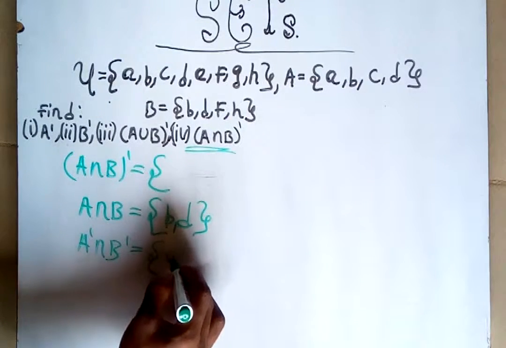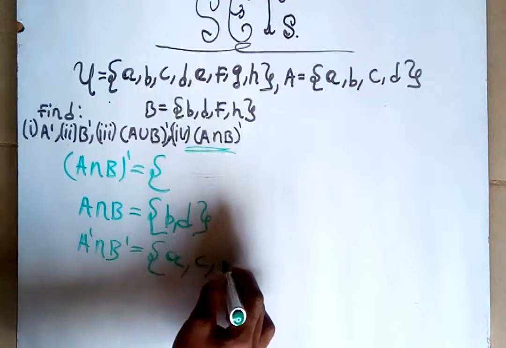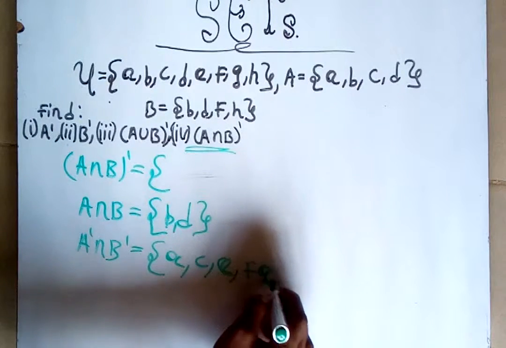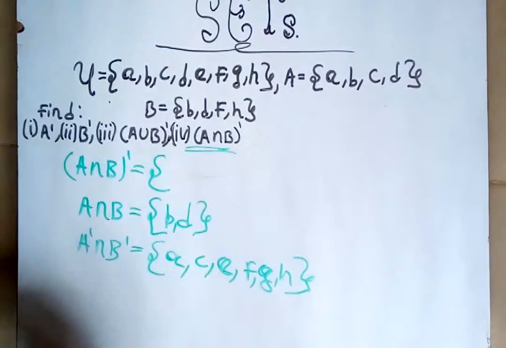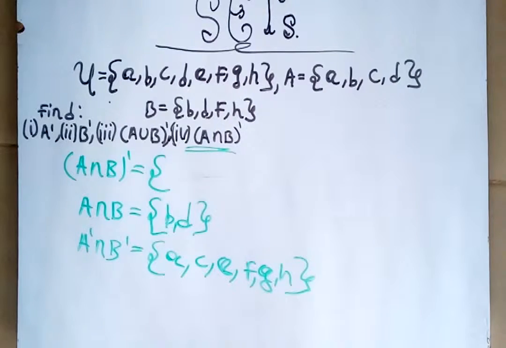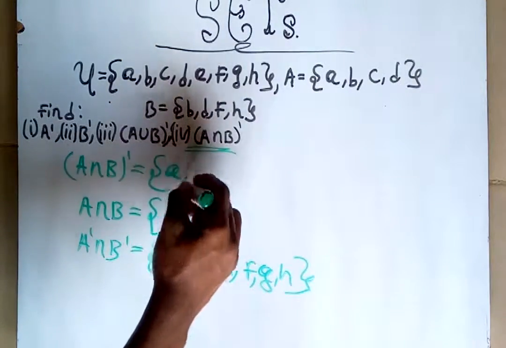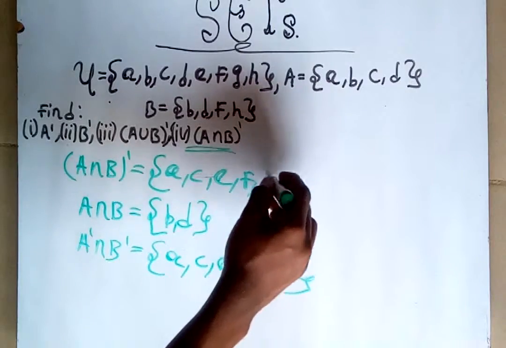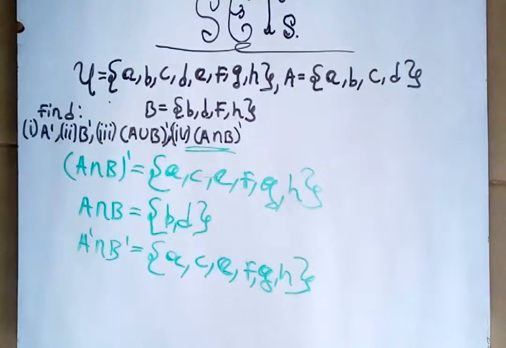So we have A, we have C, we have E, we have F, G, H. So this is our answer. And we can also write this here: A, C, E, F, G, H. So these are the answers, guys.